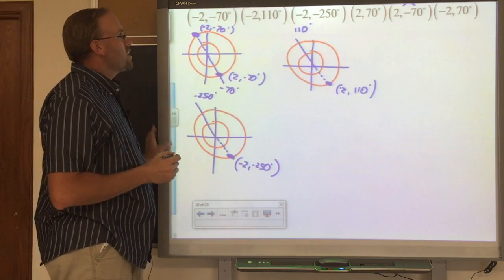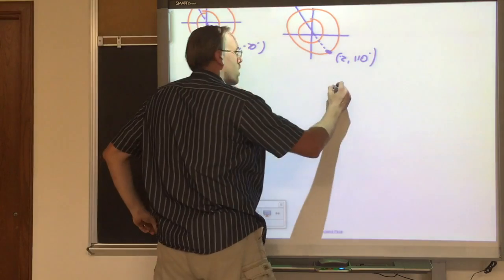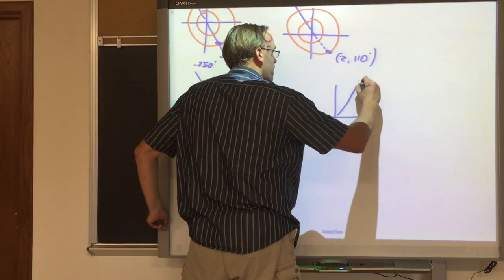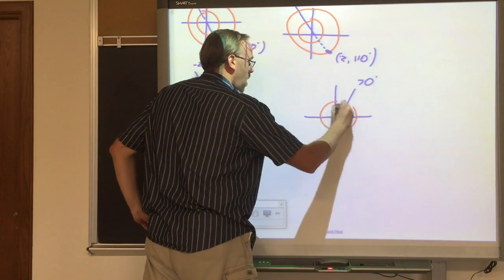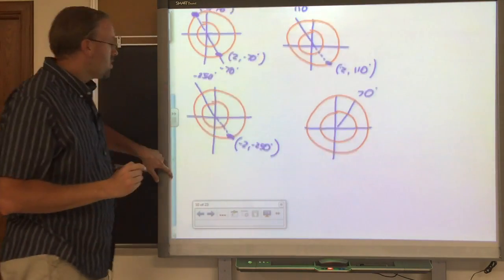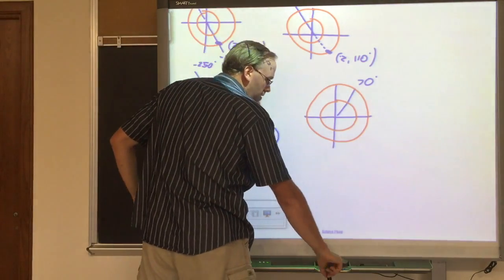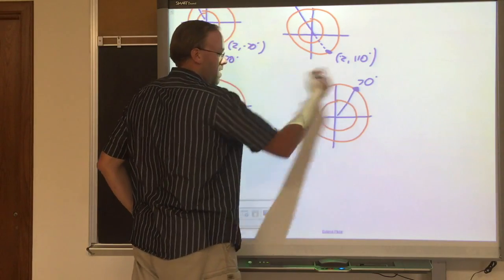And then finally, we have 70 degrees. Now 70 degrees is right here. Now in one case, the R value is 2. That means we're going 2 units in that direction of the angle. That means we're going out here. Well, that's in the first quadrant.